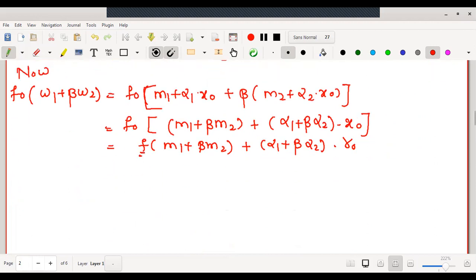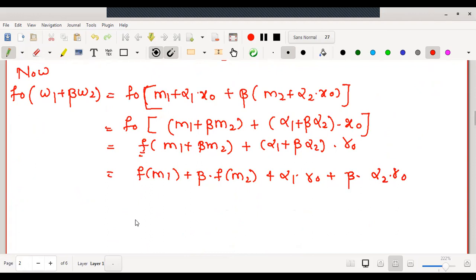But we know f itself is linear. Therefore, can we write this as f of m1 plus beta times f of m2. Here also we will have a multiplication by r naught. This is alpha 1 r naught plus beta times alpha 2 r naught. Now we will take the terms with beta in one bracket, without beta in one bracket.